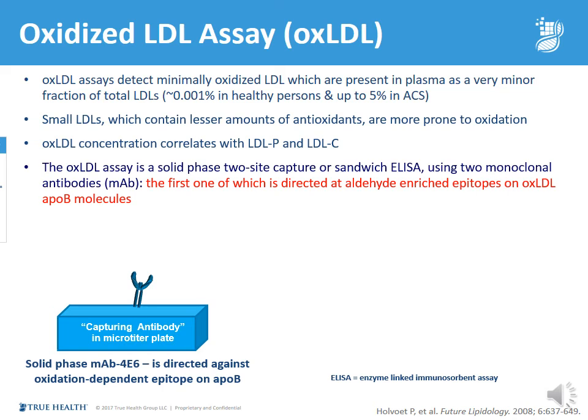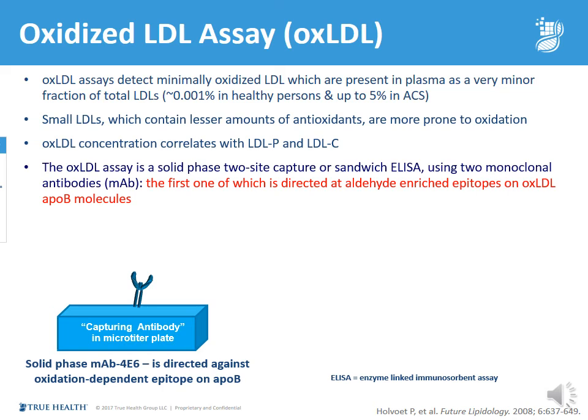So the first thing they do is they take a microtiter plate and they coat it with something called the capturing antibody. It's a 4E6 antibody, and it's a monoclonal antibody. And it's going to recognize the changed conformation of oxidized LDLs. And what's changed about it? The shape of the ApoB.